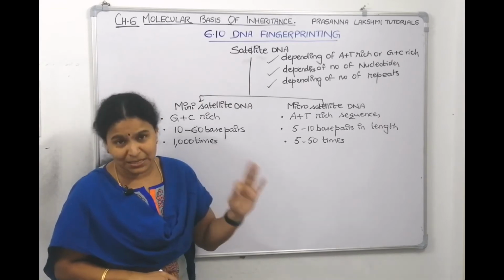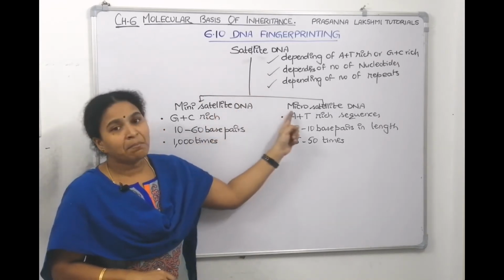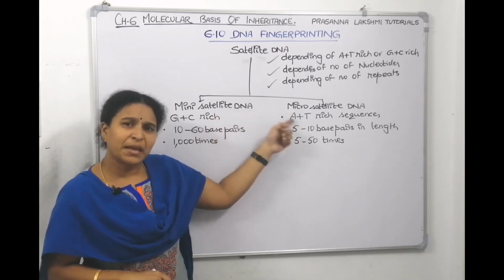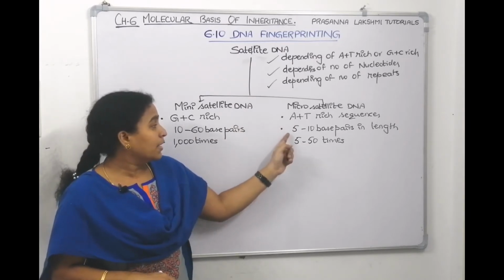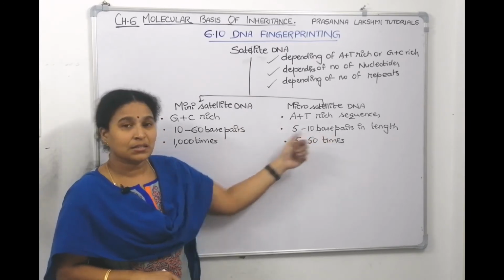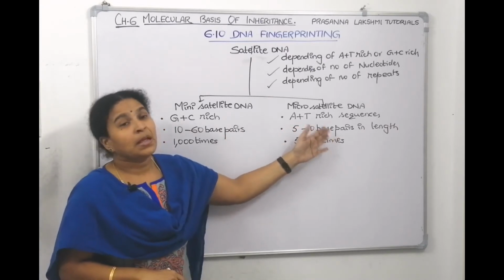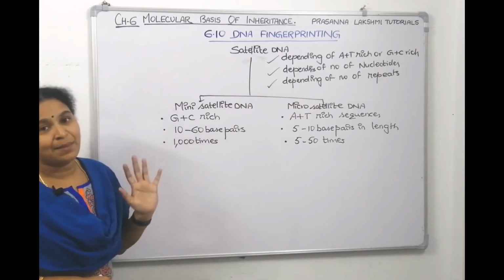Based on these 3 points, we have divided into mini satellite and microsatellite. Mini satellite is GC rich, that means microsatellite will be AT rich. Mini satellite is 10 to 60 base pairs in length, microsatellite is 5 to 10 base pairs. Mini satellites repeat 1000 times, whereas microsatellites repeat only 5 to 50 times.